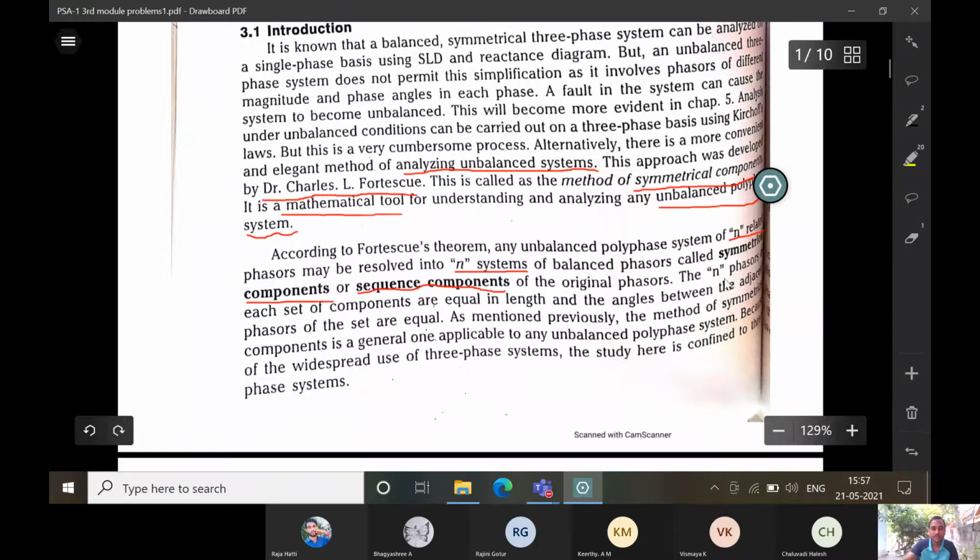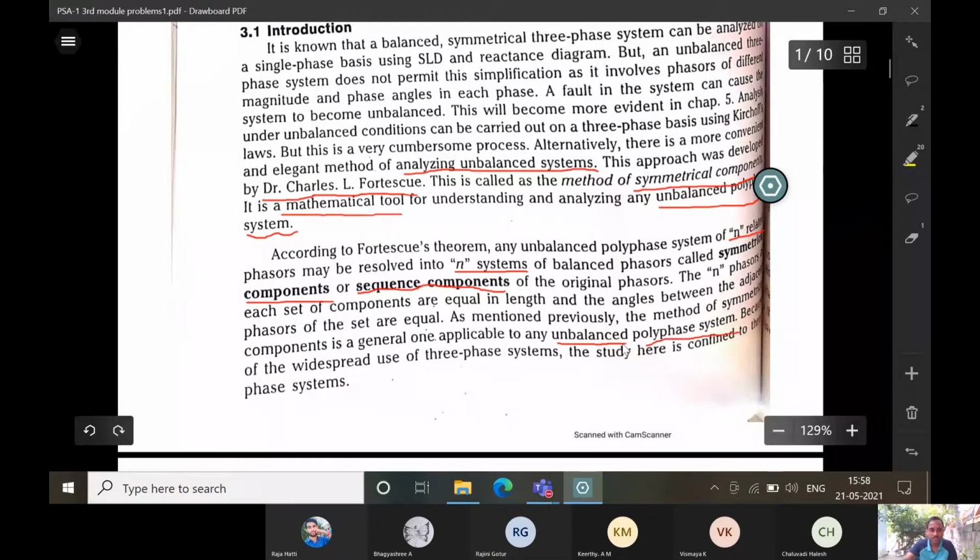In the n phasors, each set of components is equal in length, and the angle between adjacent phasors of the set is equal. As mentioned previously, the method of symmetrical components is a general one applicable to any unbalanced polyphase system.